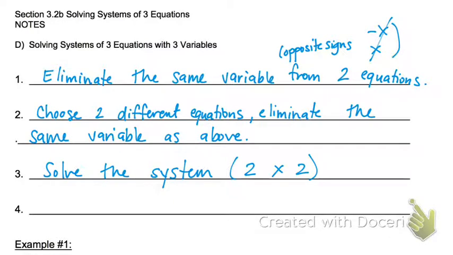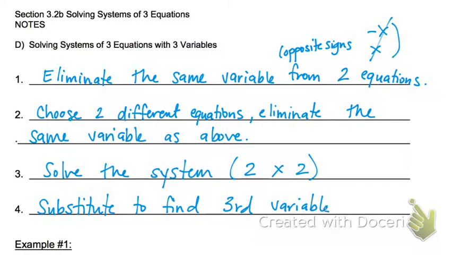So essentially, in steps 1 and 2, we're just trying to get rid of the third variable. It'll make more sense once we do it in an example. Then we'll solve. Then the last step is substitute to find the third variable. If these steps confuse you, just go off of what we're doing in the example.